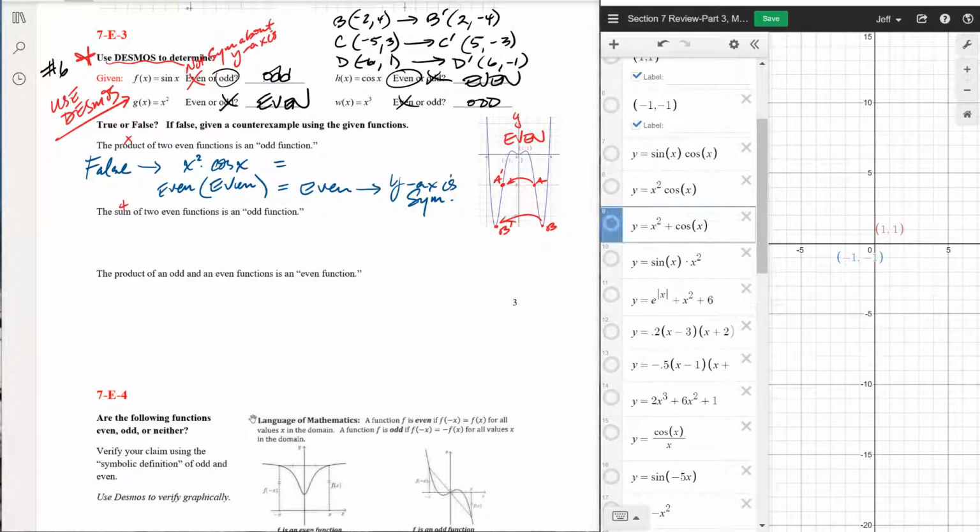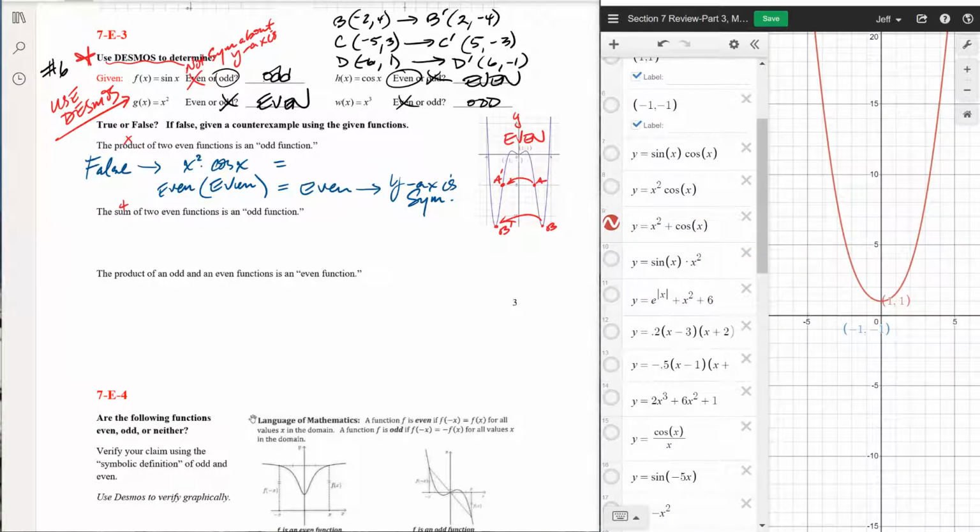Oh, this is right here. So x squared and cosine x are both even. So let's take a look at this right here. And look at that. It has y-axis symmetry. So an even plus an even is not odd. Okay, so this is false. An even plus an even is equal to an even function. Okay, x squared plus cosine x has y-axis symmetry.